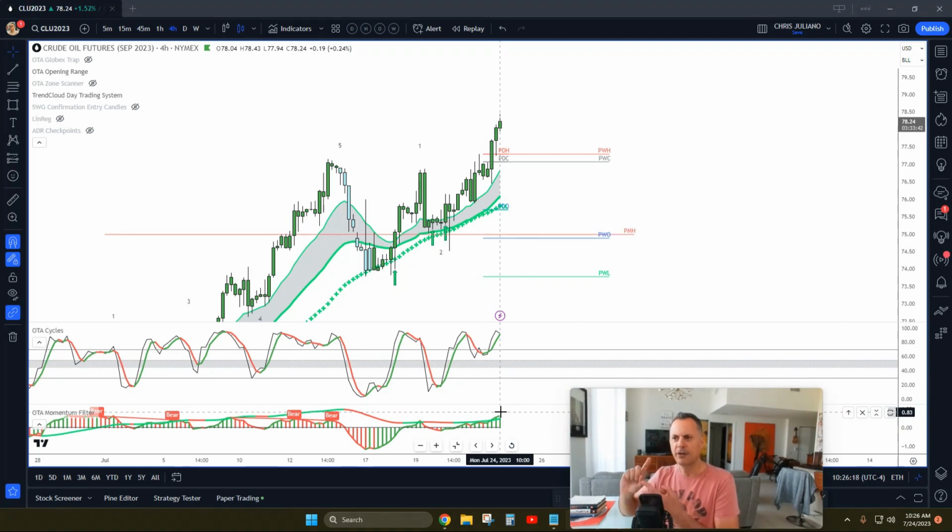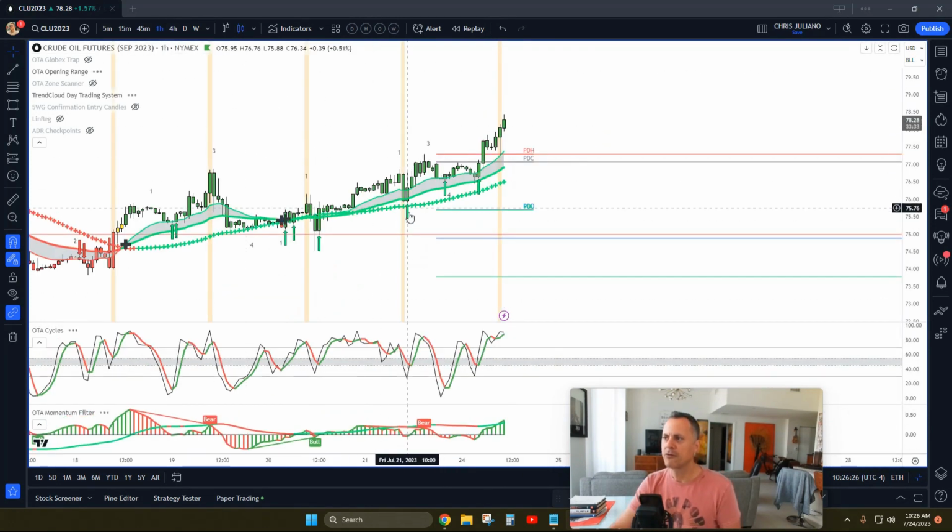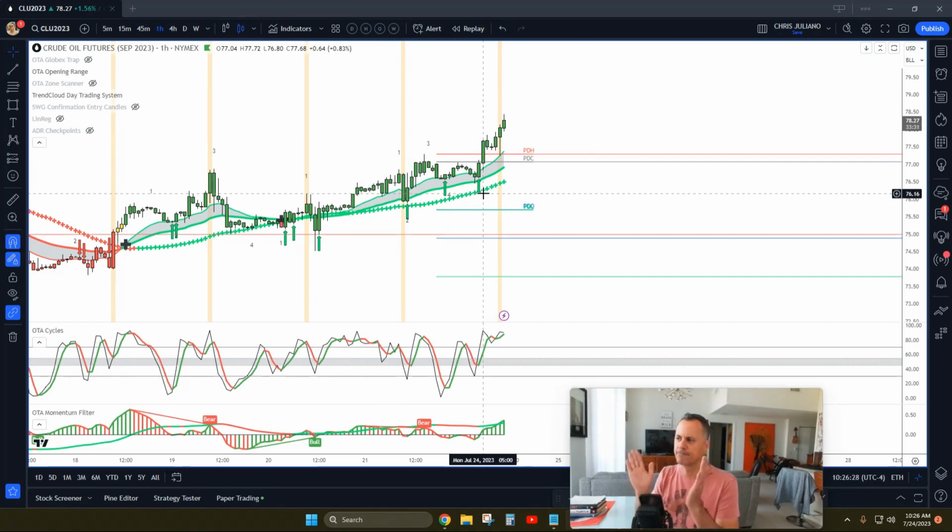So we have cycling up, momentum up on the 4 hour, and on the 1 hour, the trend is up. This is powerful. This is what we're looking for. This is the information that we need to make a decision about how we're going to make some money today.